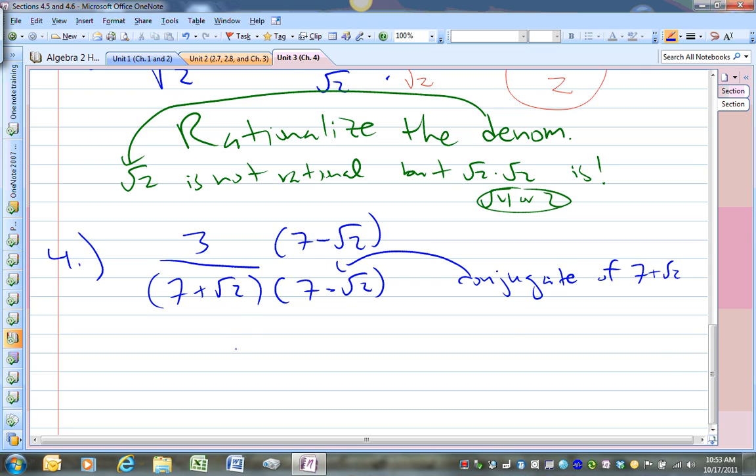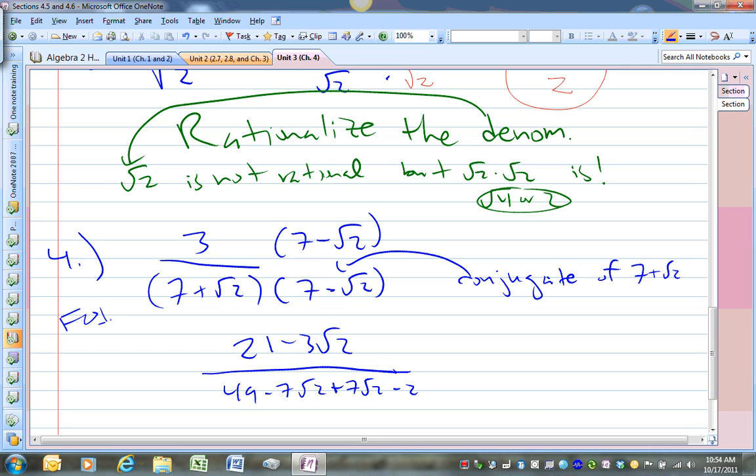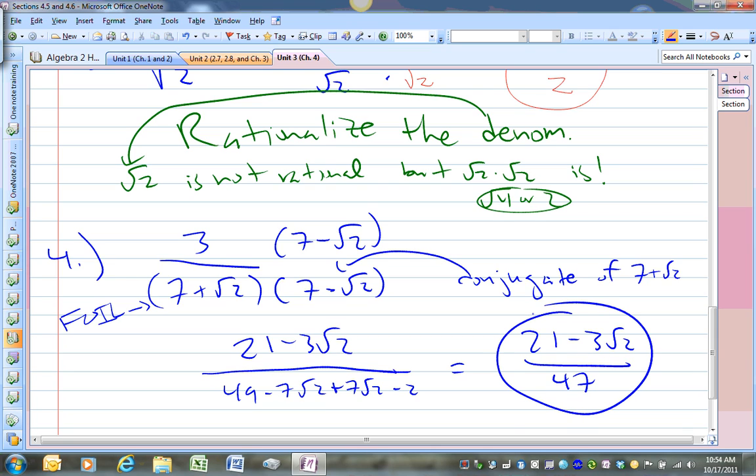When you work it out, you get 21 minus 3 root 2 over 7 times 7, which is 49, minus 7 root 2 plus 7 root 2 minus 2. So essentially what we're doing is foiling 7 plus root 2 times 7 minus root 2. Continue working it out, and the bottom will be 47. So we did some of this in class, but I just kind of wanted to repeat that.